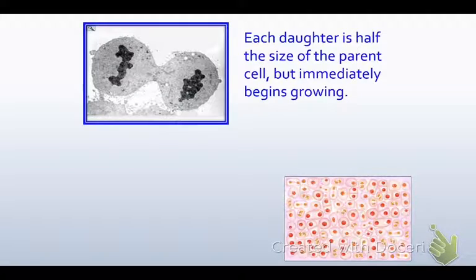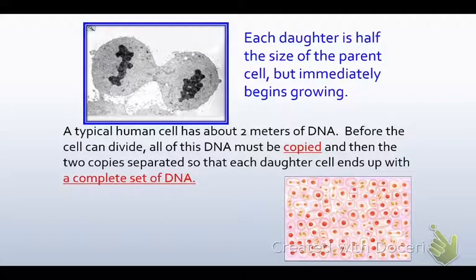Each daughter is half the size of the parent cell, but immediately it begins growing. A typical human cell has about 2 meters of DNA. That's a lot of DNA. I'm not even 2 meters tall. Before the cell can divide, all of this DNA must be copied, and then the two copies separated so that each daughter cell ends up with a complete set of DNA.